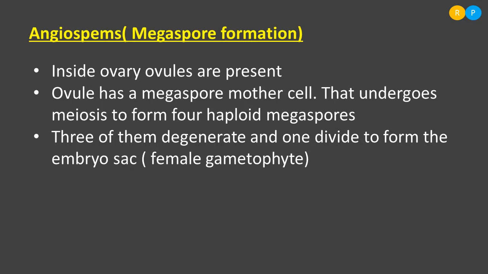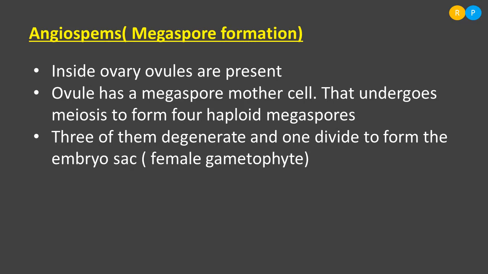Understood? So, why are we calling that megaspore a female gametophyte? There are gametes that can be seen within the megaspore. Clear? The formation of the female gamete actually takes place in this particular megaspore, so it is called the female gametophyte. We have already studied, right? Gametophyte is nothing but a structure that carries gametes. One of the megaspores is carrying the female gamete, and that structure is named the female gametophyte.